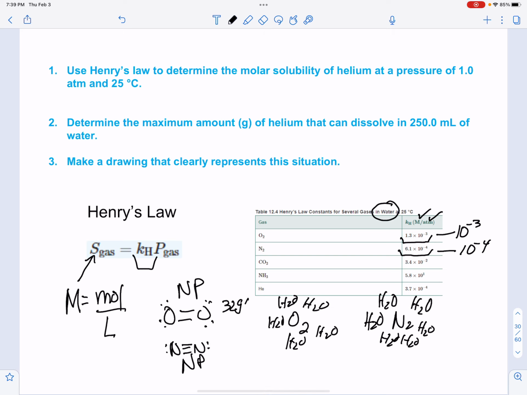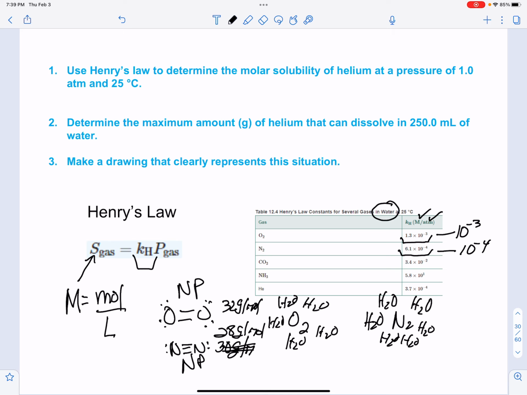Oxygen is 32 grams per mole. Sorry, nitrogen is 28 grams per mole, since nitrogen is 14 grams per mole each. So since oxygen has a bigger molar mass, it's going to exhibit a stronger dispersion force.